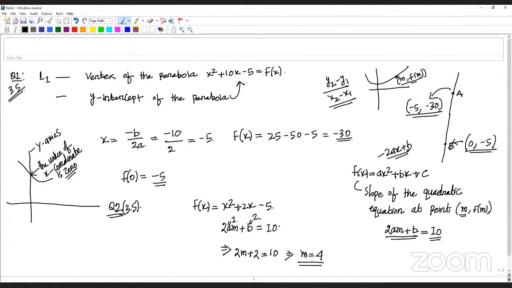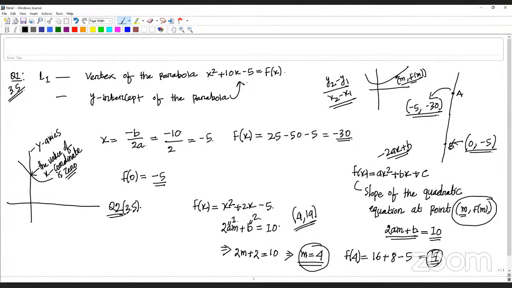So if m is 4, you are calculating at this point m and f of m. All you need to compute is f of 4. f of 4 is 16 plus 8 minus 5, which is 19. So the point is 4, 19. Correct? Clear, right?